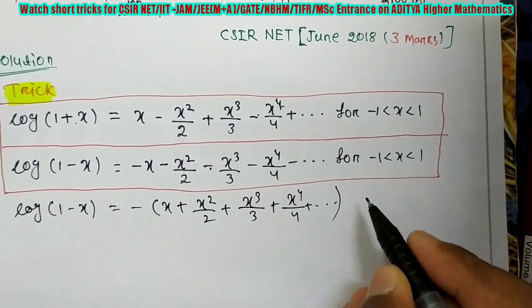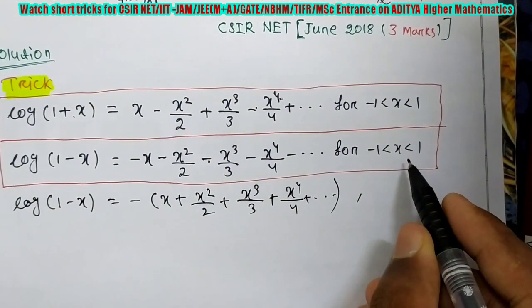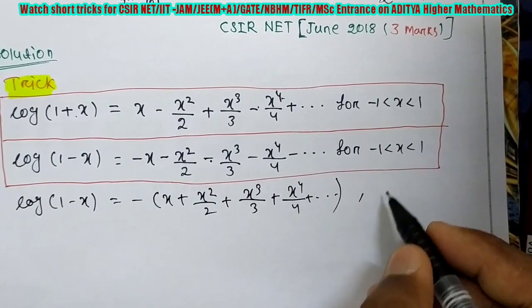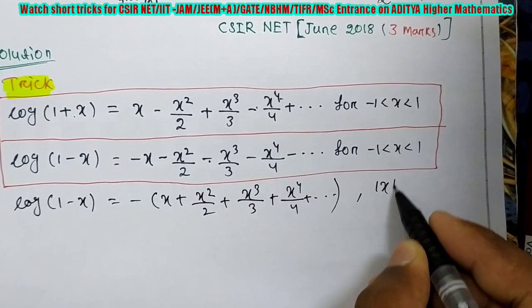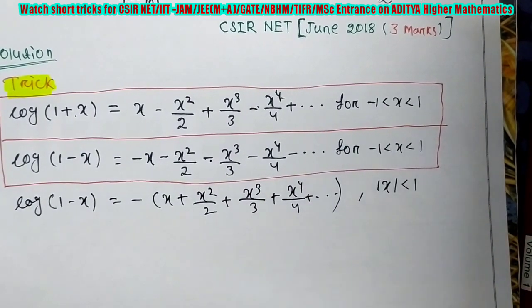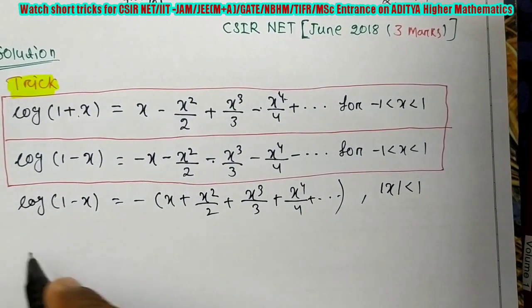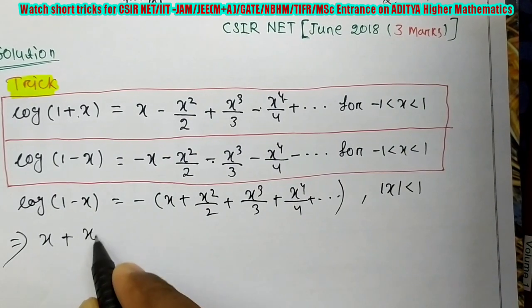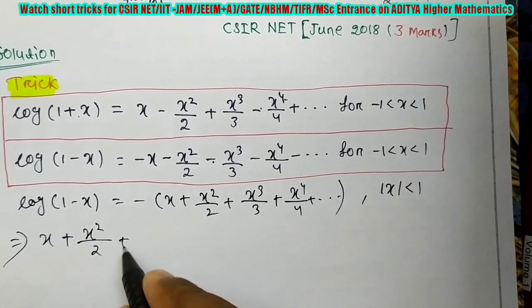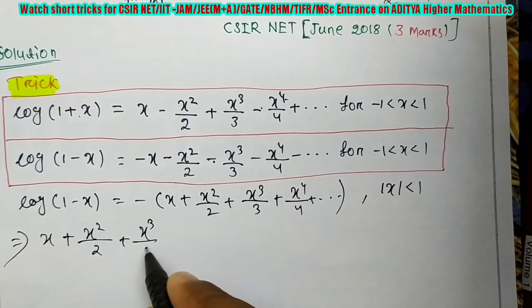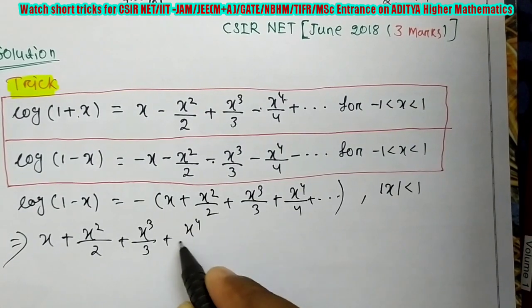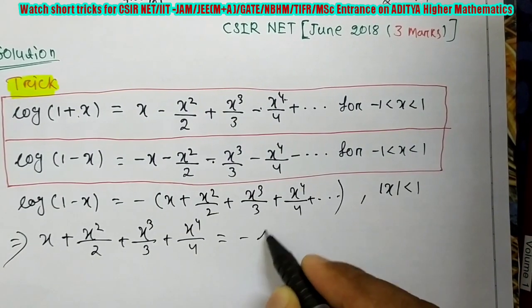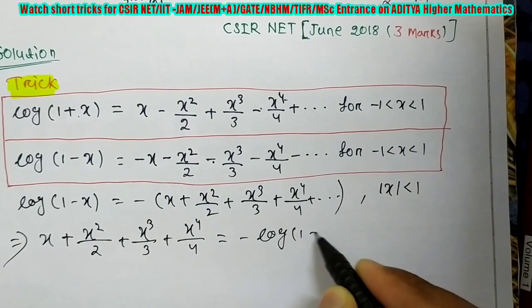And for this series, x lies between minus 1 and 1, that means, in other words, we can say mod x is less than 1. After that, take the right hand side to the left hand side. So here you are getting minus log(1 minus x).